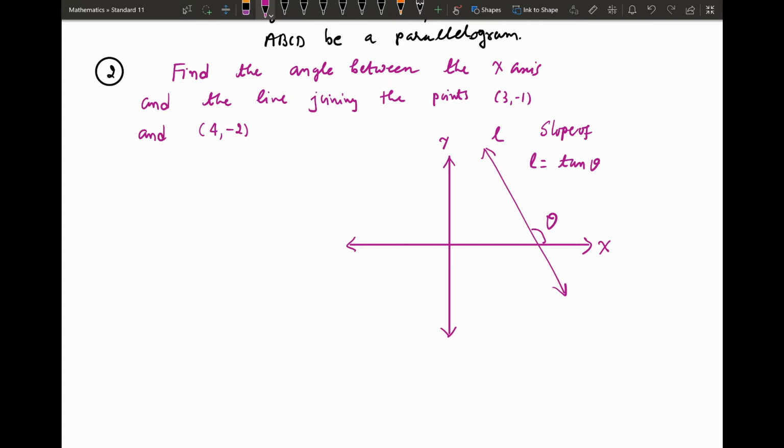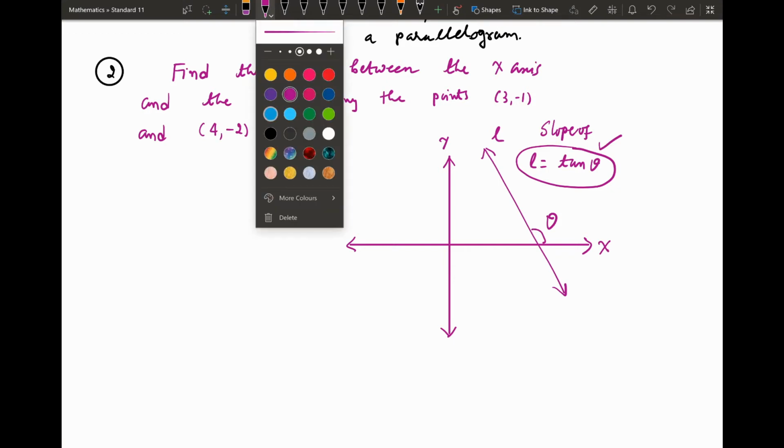So once the slope is known, the value of tan theta will be known, and we can evaluate theta using this fact. The slope of a line is tan theta, where theta is the angle of the given line with the positive direction of the x-axis.